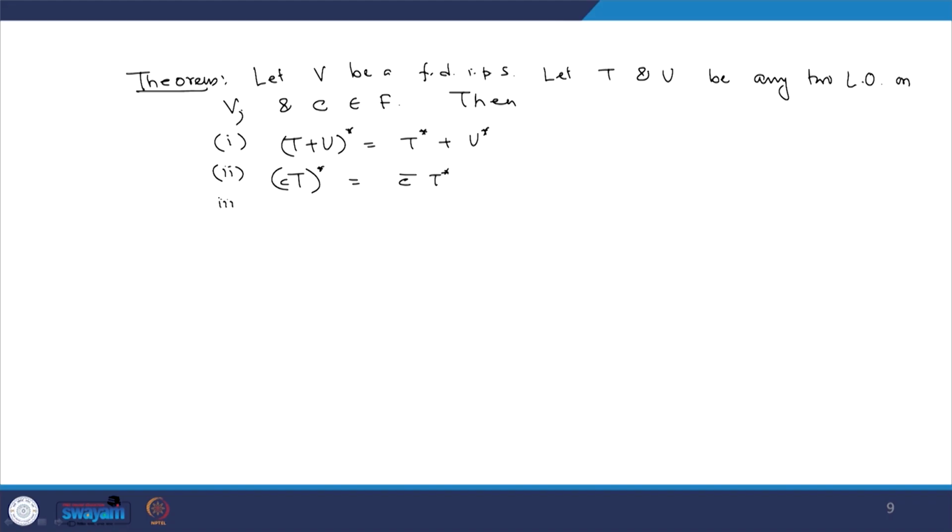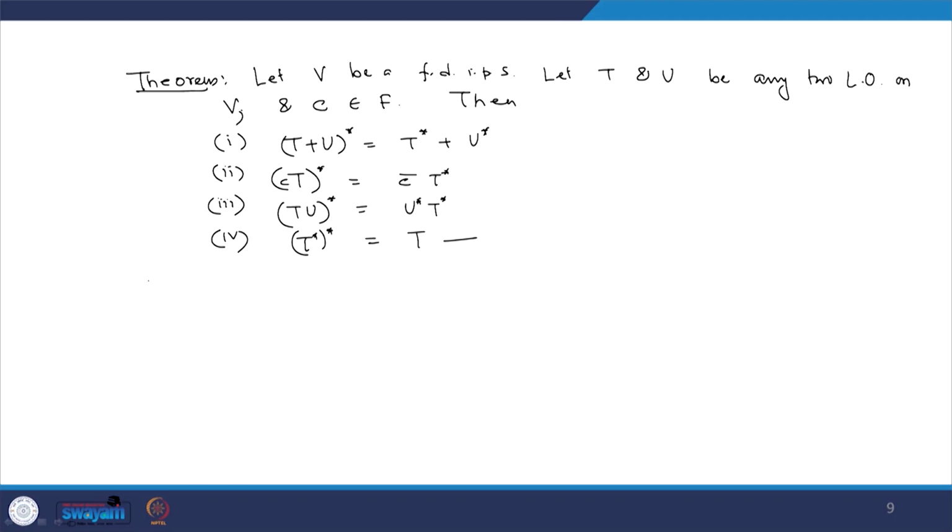Third, the adjoint of T and U, (TU) star, will be equal to U star multiplied by T star. And the fourth one, the adjoint of the adjoint, T star star, equals T.